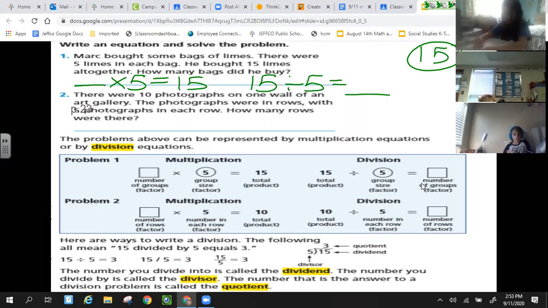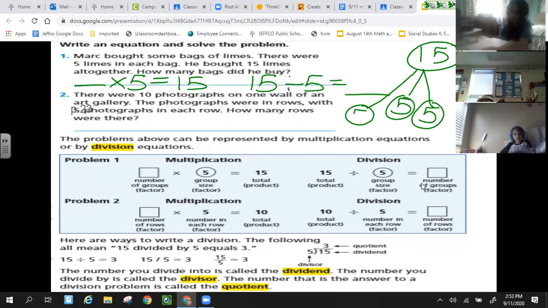Now let's break up and count by 5s like Lyric said. 5, 10, and one more is 15. How many 5s do you see? Show me on your fingers. You should have gotten 3. So we know 3 times 5 is 15.